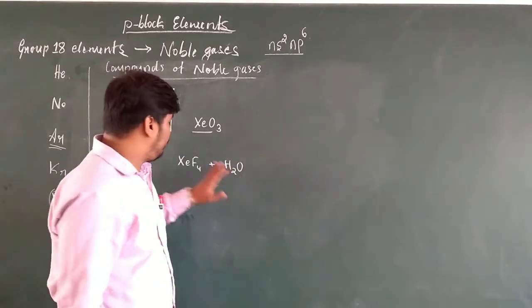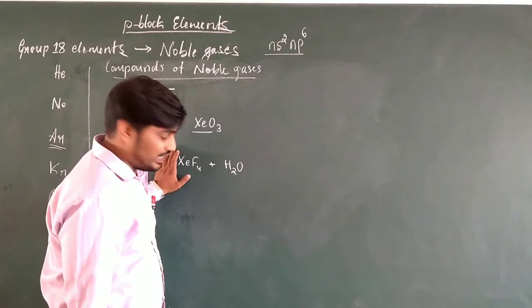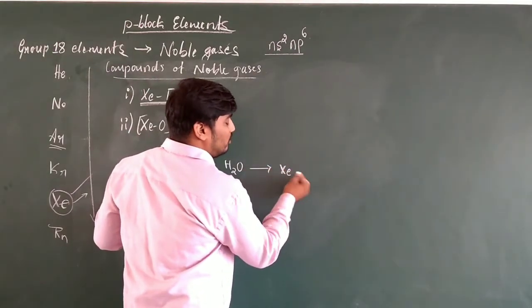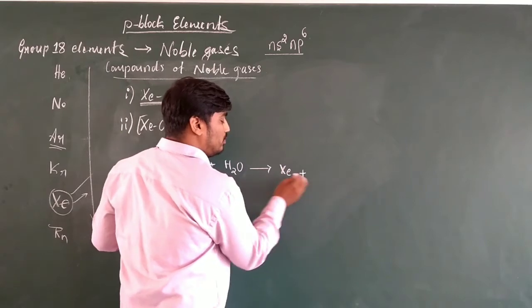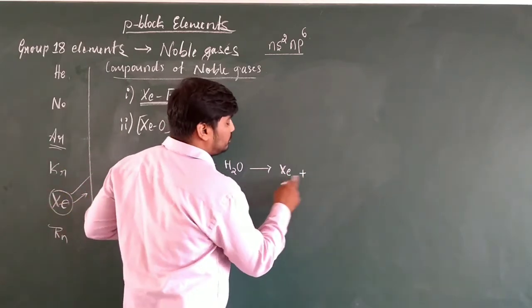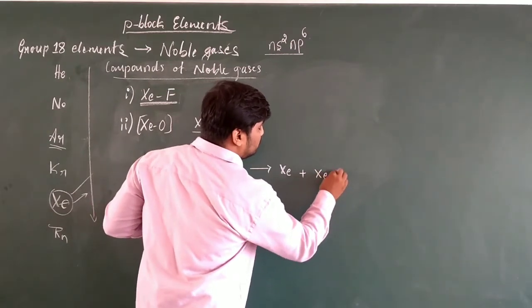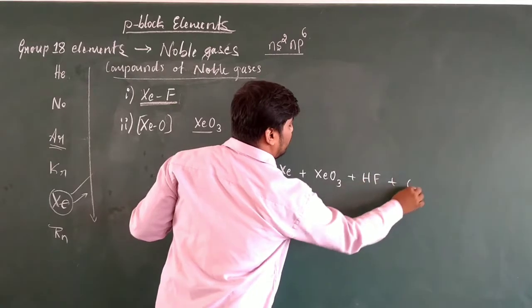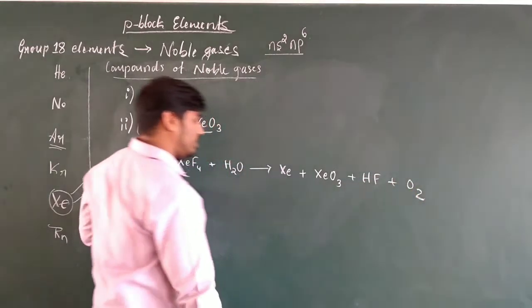Hydrolysis of xenon tetrafluoride gives xenon, which is a stable noble gas, next xenon trioxide, hydrogen fluoride, HF, and oxygen.